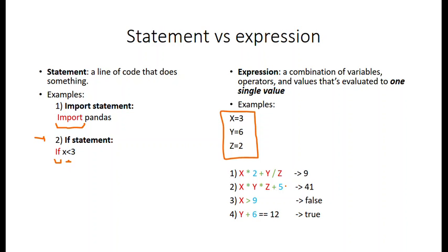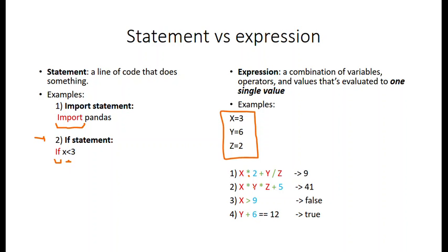Remember, we have three operators here: multiplication, plus, and division. We agreed that multiplication and division have precedence over addition and subtraction, therefore they will be evaluated first. When multiplication and division come in the same expression, the evaluation will be from left to right. So the multiplication will be the first to be evaluated.